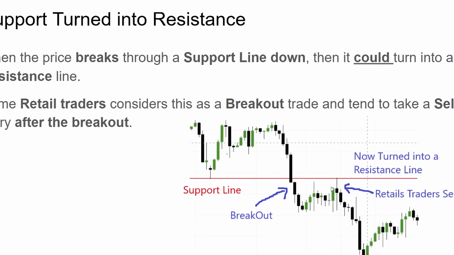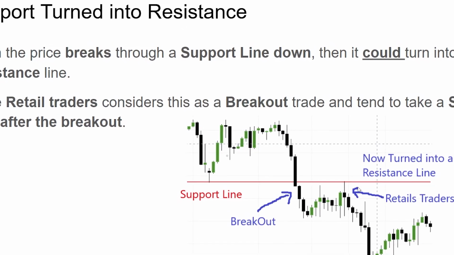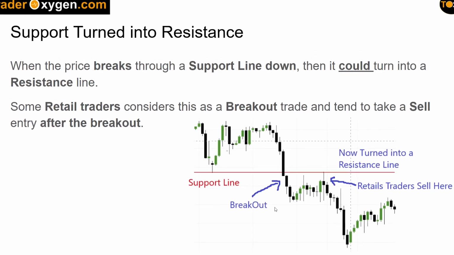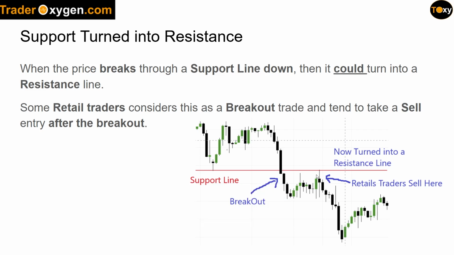Usually retail traders will start to sell after a breakout. As you can see, some retail traders will start to sell over here once again because they think it's a breakout and they think now the price will go down. And in some cases that works. Okay, let's see what's next.